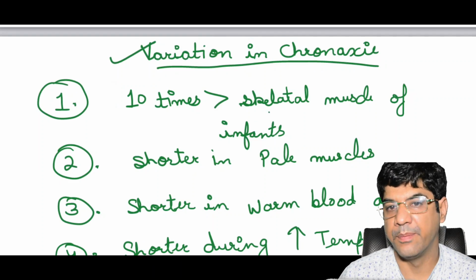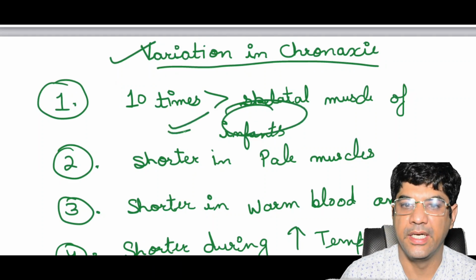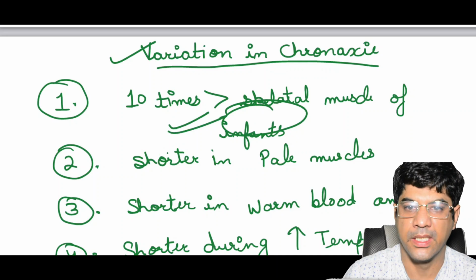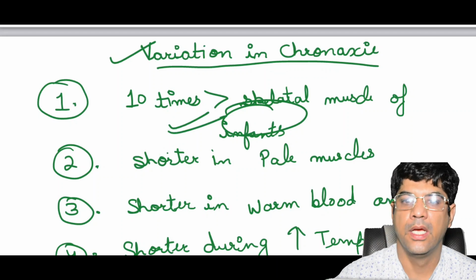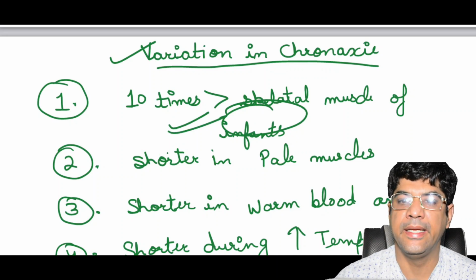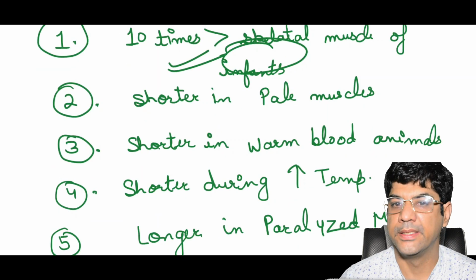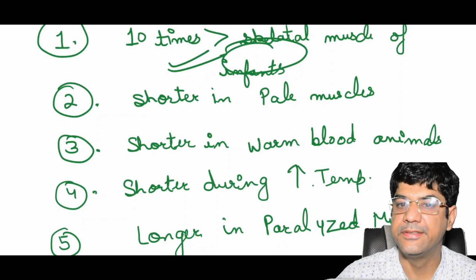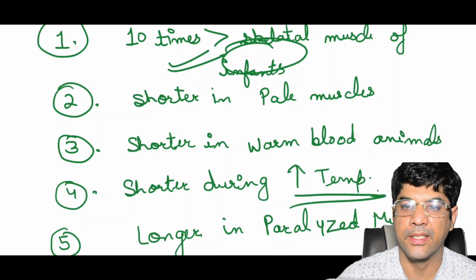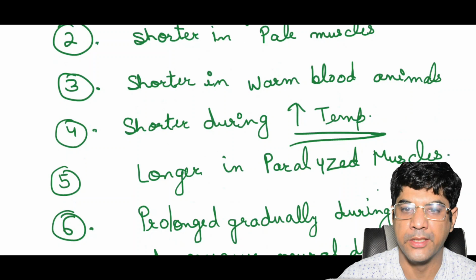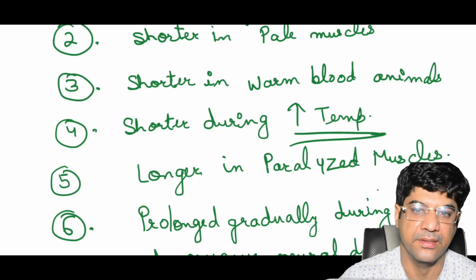It is shorter in pale muscles than in red muscles, and shorter in warm blooded animals than in cold blooded animals. It is shorter during increased temperature and prolonged during cold temperature. It is longer in paralyzed muscle than normal muscle, and it is prolonged gradually during progressive neural disease.